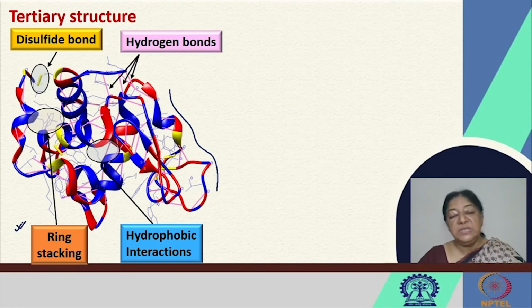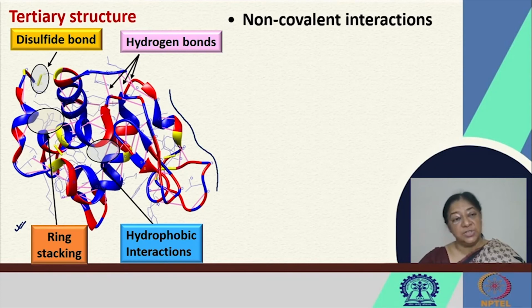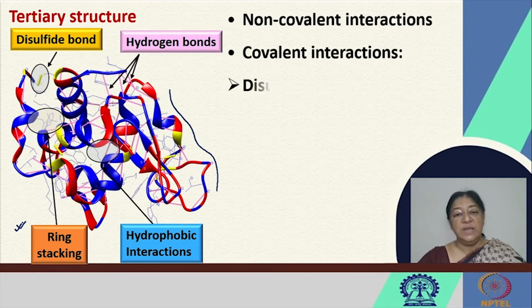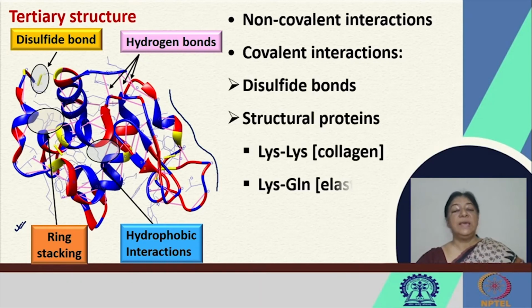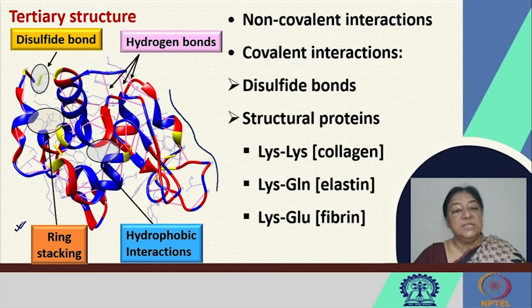So the properties that we see for a non-covalent tertiary structure interaction and the covalent interactions that we observe are similar to what we can see in the different types of proteins where we have a homo complex or a hetero complex.